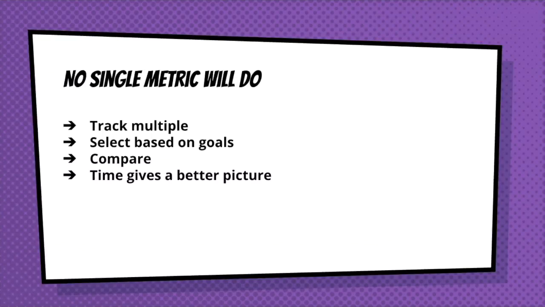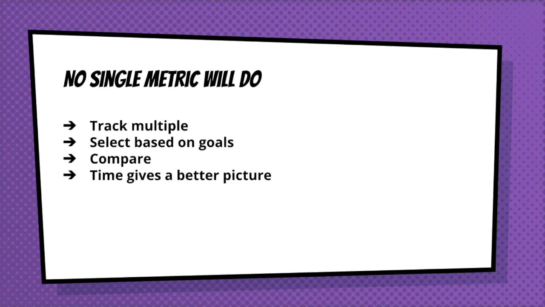So no single metric will do. You need to track multiple metrics. They need to be based on your goals. You need to compare your measurements over time. For example, if you are tracking followers, then having the ability to look at them month to month, year to year, even week to week can be very important to see how things are changing.